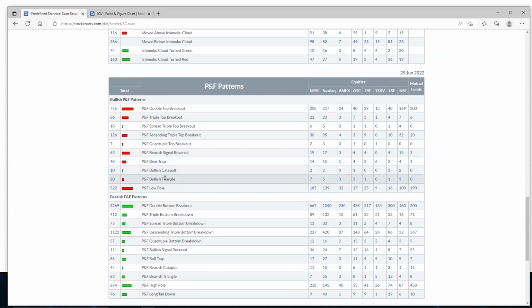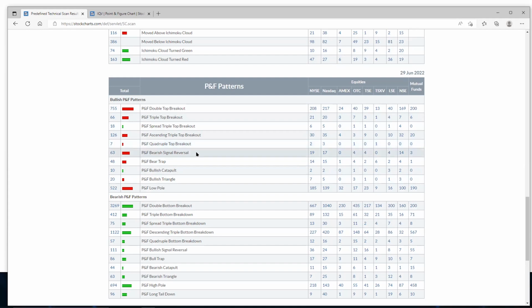I'd look at all of them, but bullish triangles, and here's the New York stocks and the NASDAQ stocks. And then here we have triple top breakouts and quadruple top breakouts. And the quadruple top can often be a causal reaccumulation structure that's just being exceeded.